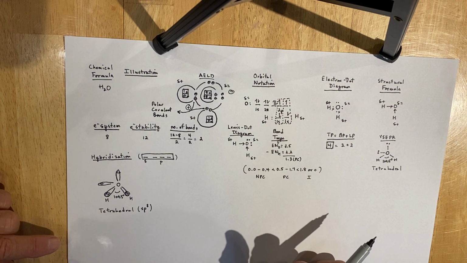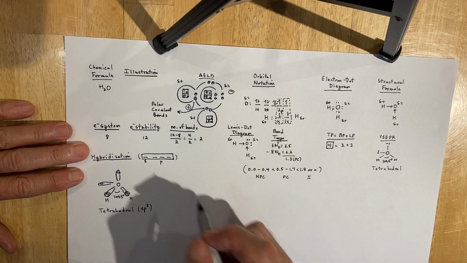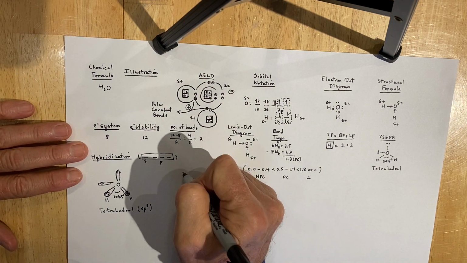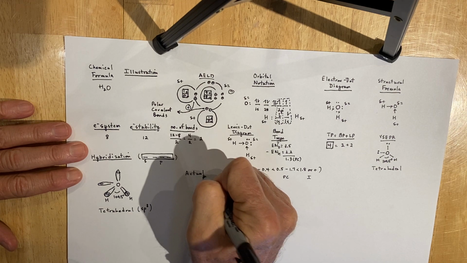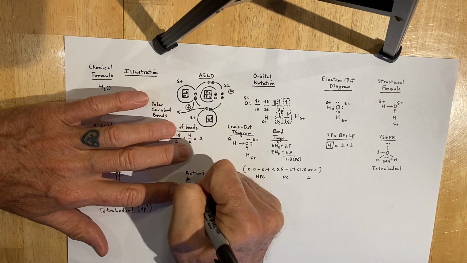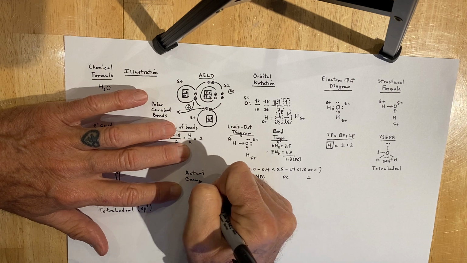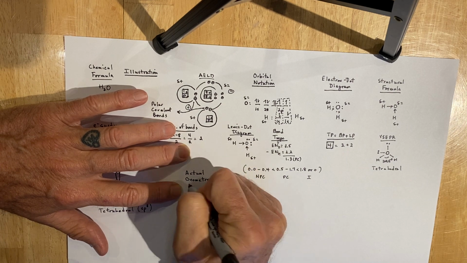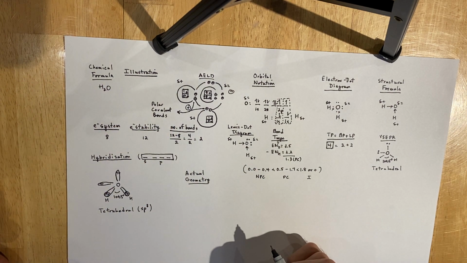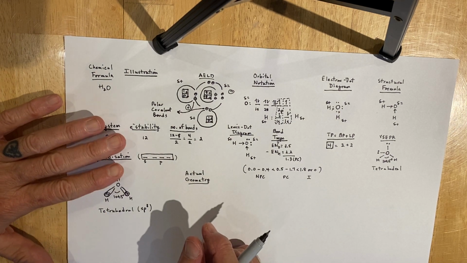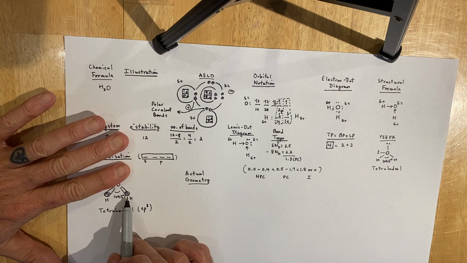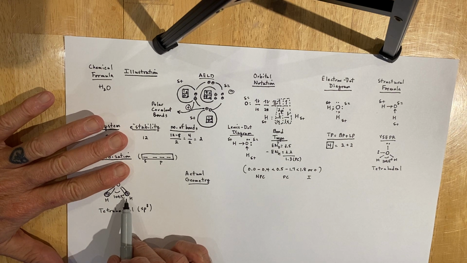Okay? So once we get through the hybridization column, we're interested in knowing the actual geometry of the molecule, because the actual geometry is not always the same as the predicted geometry. So because we cover up the lone pairs and we only look at bonded pairs.